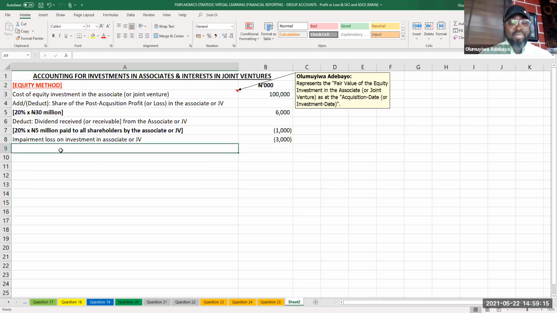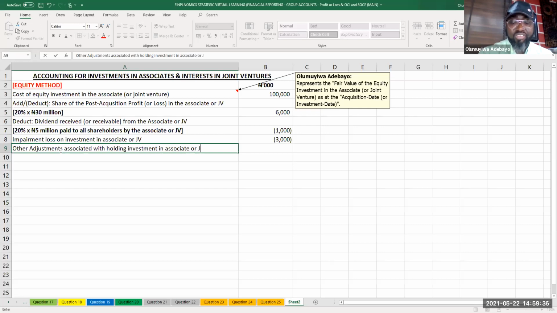Now, there might be other adjustments associated with holding investments in associates or joint venture.